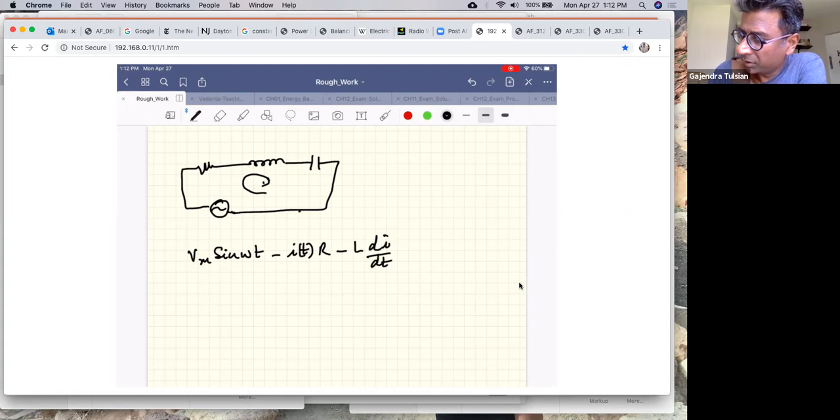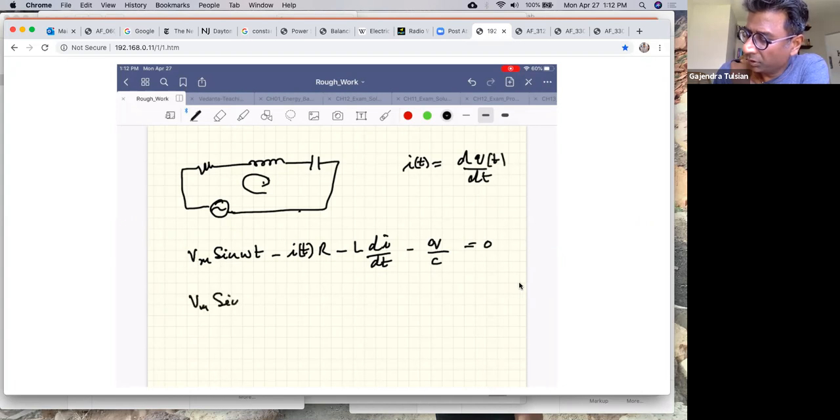And across the capacitor, it's minus Q by C, equal to 0. And of course, I is dq by dt. So this would be V max sine omega t minus R dq by dt minus L d squared q by dt squared minus q by C equal to 0.